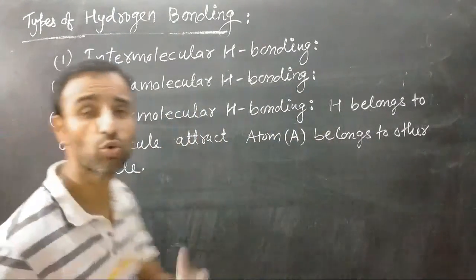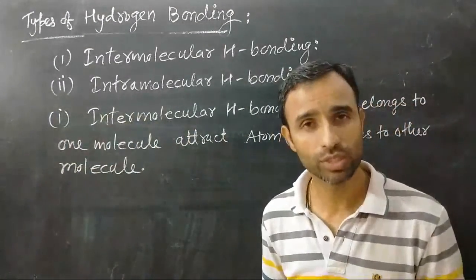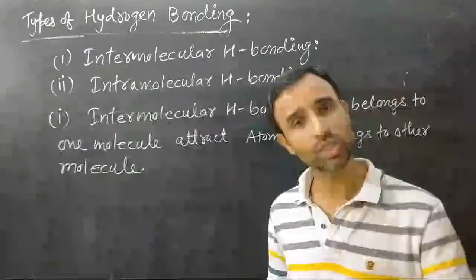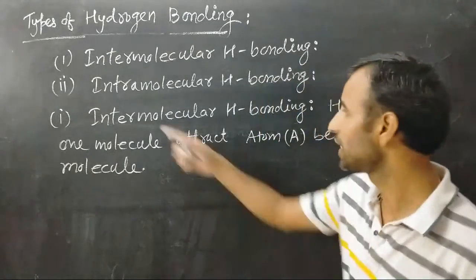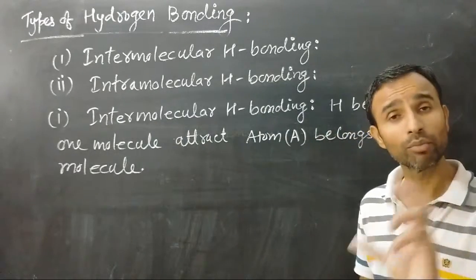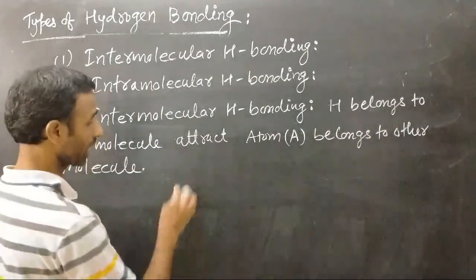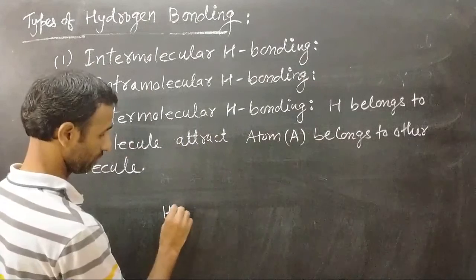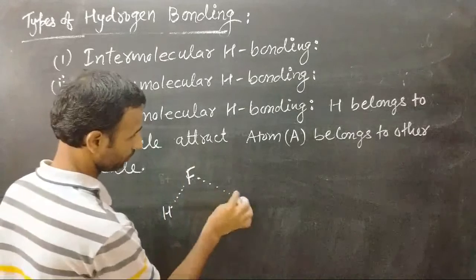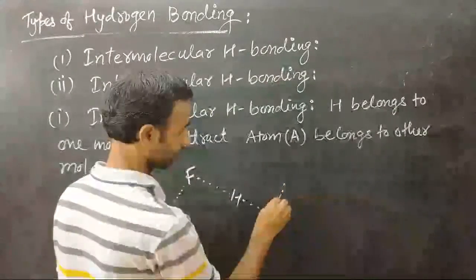Like inter-school competition means competition between different schools. Inter-college competition means between two colleges. Similarly, intermolecular hydrogen bonding means hydrogen bonding between different molecules. So like in ammonia or HF. In HF, it is like zigzag.